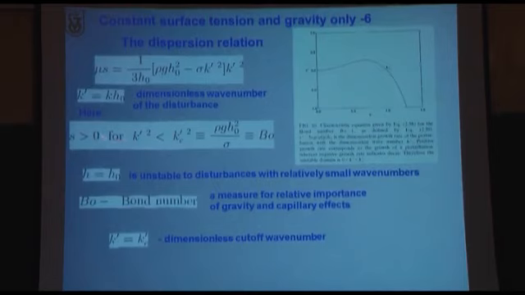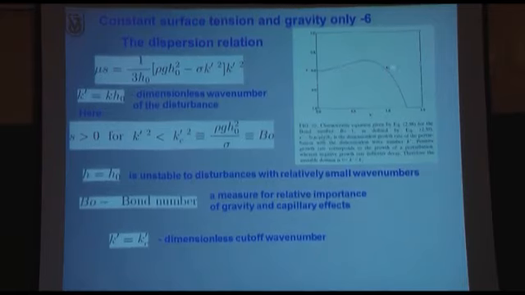The resolution of this is shown here. The growth rate is positive if k squared is smaller than this value, and this is called the bond number. The bond number is the ratio between the gravity effect, or the body force effect, and the capillary effect. This is the graph showing the growth rate as a function of the wave number. For sufficiently small k it is positive, which means the system is linearly unstable, and then it decays for sufficiently large k.